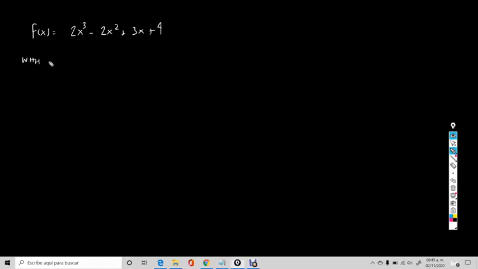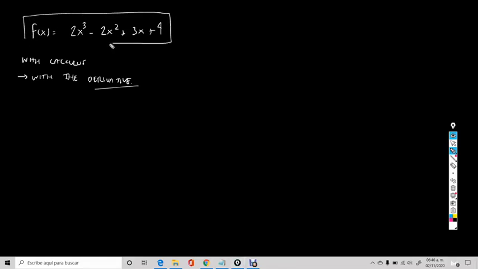We can know with calculus, more specifically with the derivative of this function. Let me tell you why. This is another application of the derivative, knowing in what intervals any function will be increasing or decreasing. And let me explain to you why first conceptually, one more time.